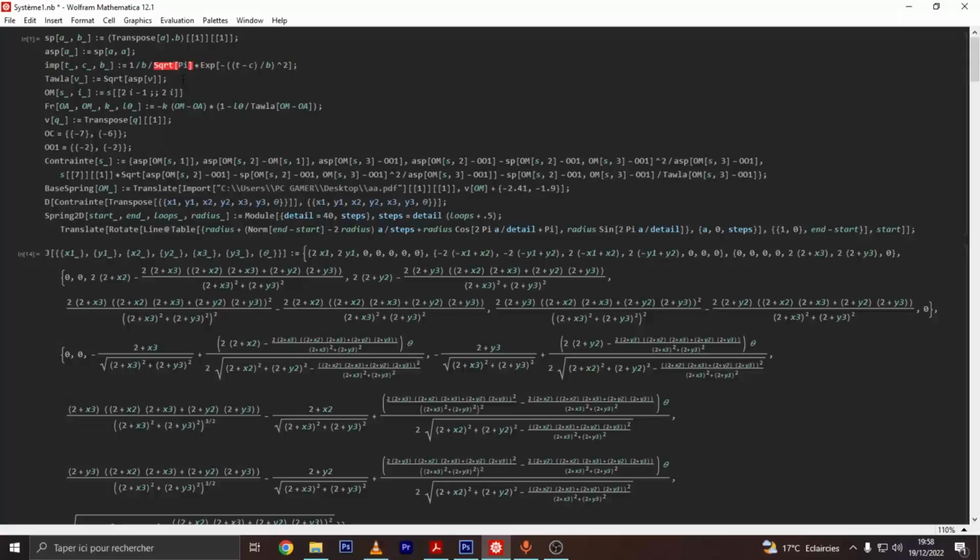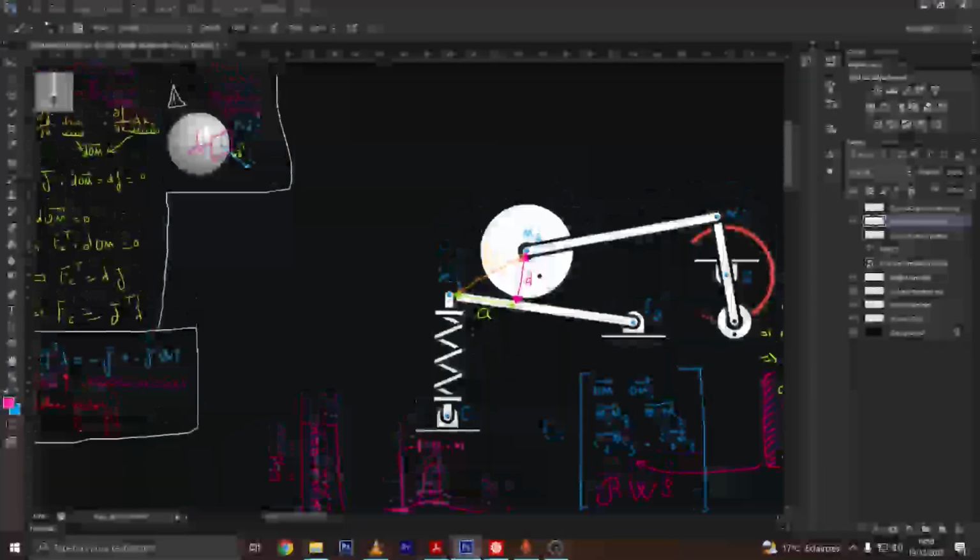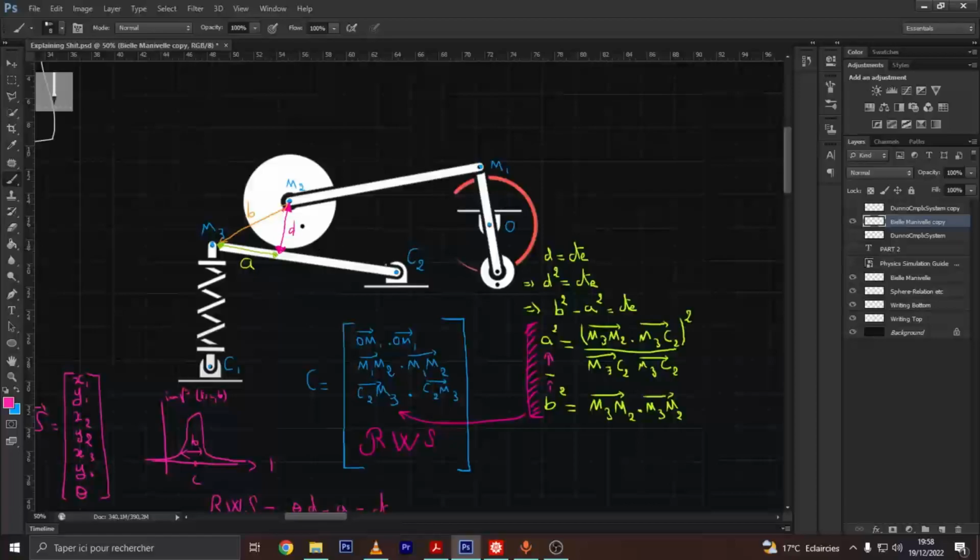It's so I can give an impulse to my system, because I always have problems defining the initial conditions for velocities.